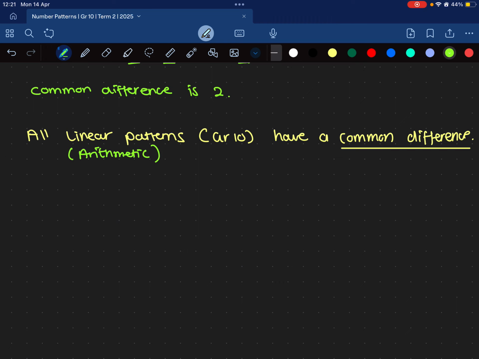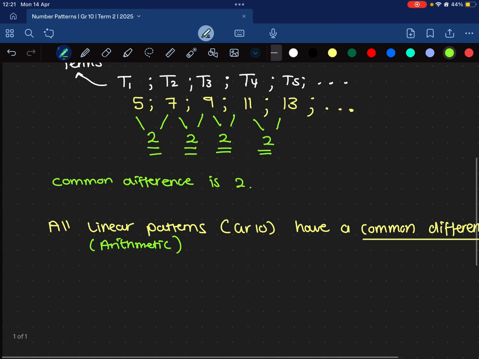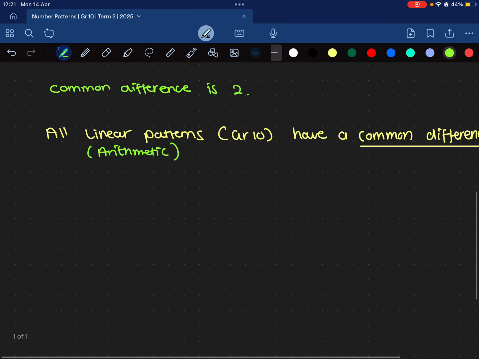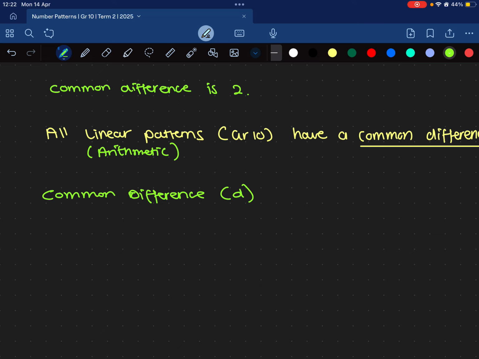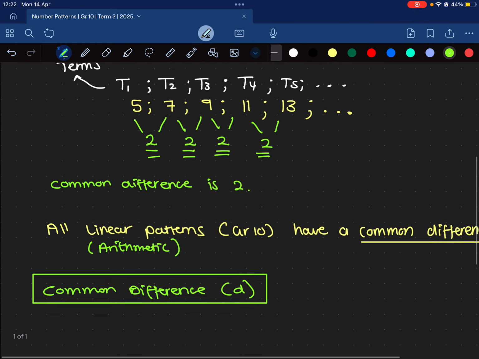Okay, so let's consider the same number pattern. If you wanted to calculate the common difference, we'll call the common difference D. We know for a fact that the common difference stays the same.